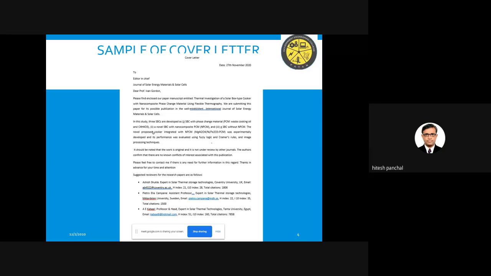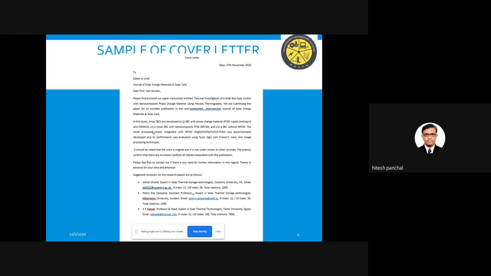You can put Ashish Shukla, and you also write the research field: he is expert in solar thermal storage technology, where he is from, his email address, and generally the email address must be of his university or institute. And you can also put the H index, i10 index, and total citations.